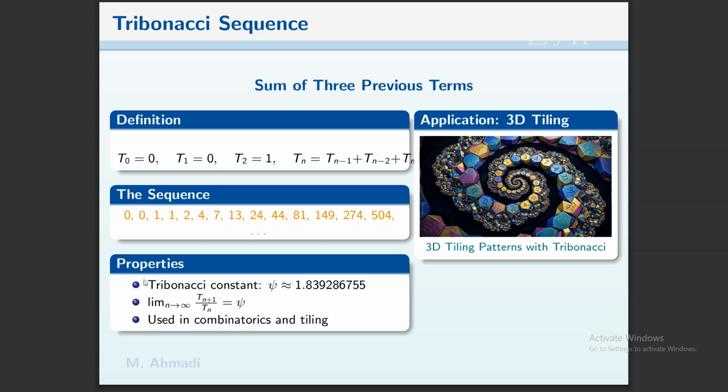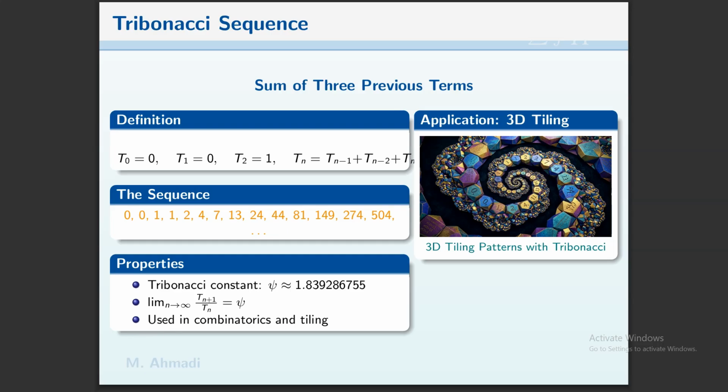The properties, we can see the properties of the Tribonacci sequence. The Tribonacci constant, also called psi, is approximately equal to 1.83929. And also, Tn plus 1 over Tn equals psi as n goes to infinity.